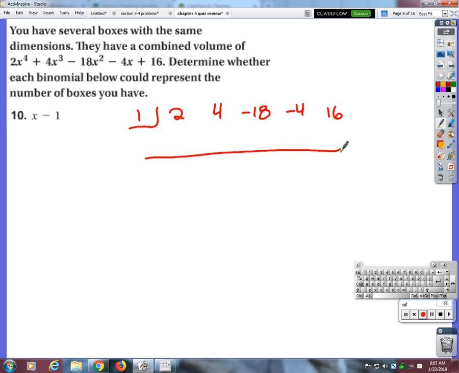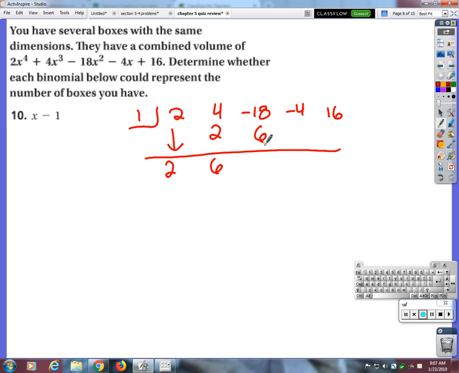That's my first step. I bring down the 2. And then multiply and then add, and multiply and then add, and multiply and then add, and multiply and then add. So 1 times 2 is 2. 4 and 2 make 6. 1 times 6 is 6.